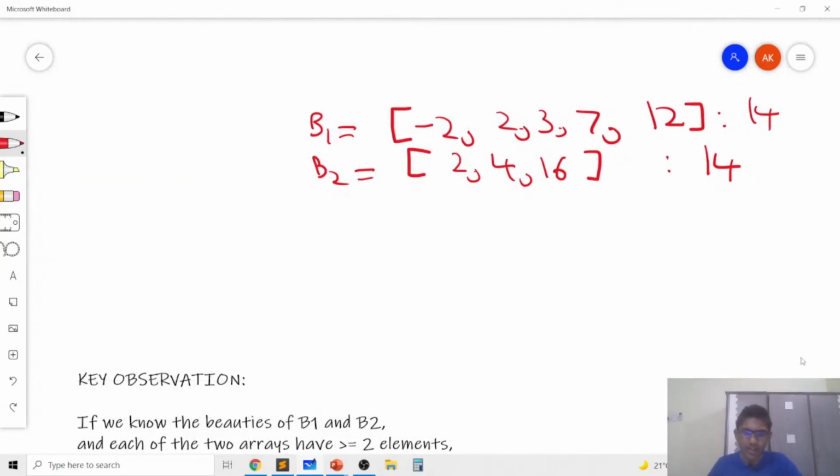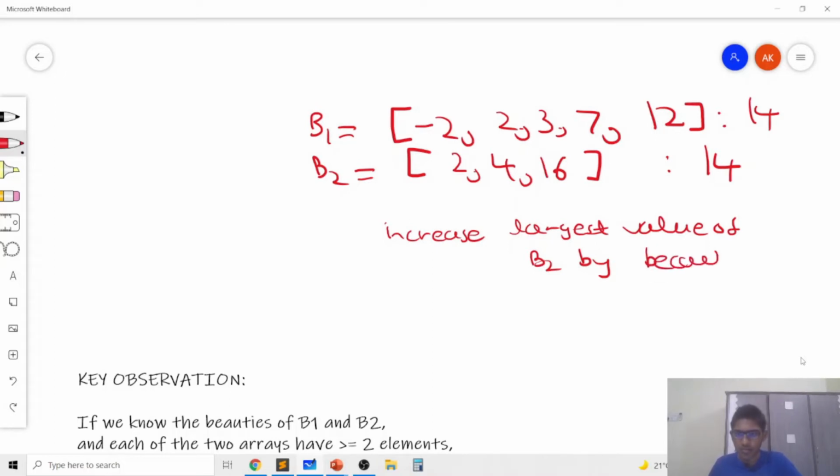So let's say that B2 has a smaller beauty, then we can increase the largest value of B2 by the difference, beauty of B1 minus beauty of B2, because we assume that B2 has a smaller beauty. If B1 has a smaller beauty, then we'll just increase the largest value of B1 by the beauty of B2 minus beauty of B1.